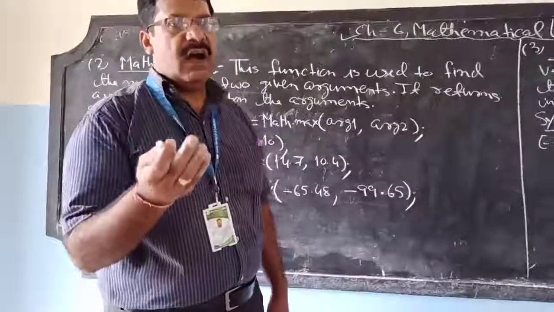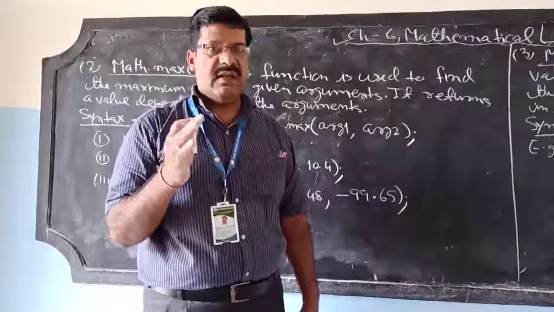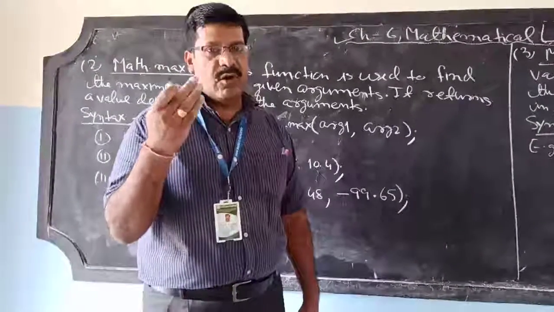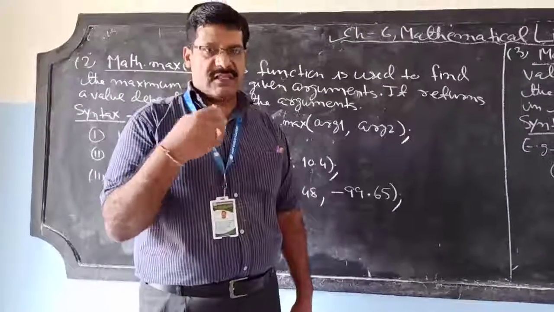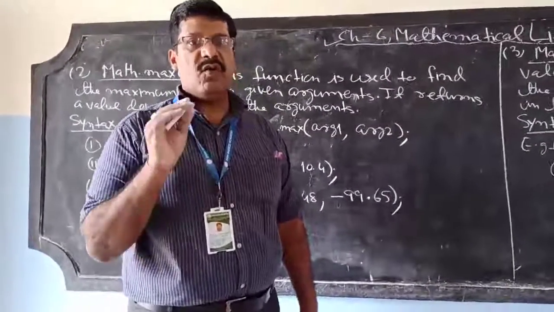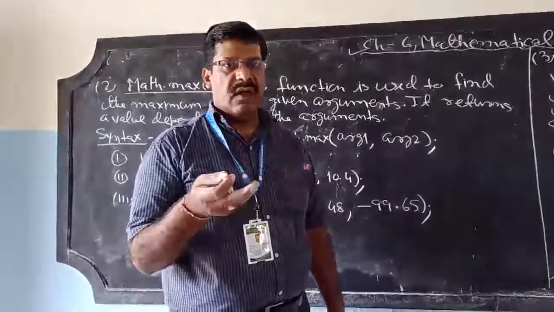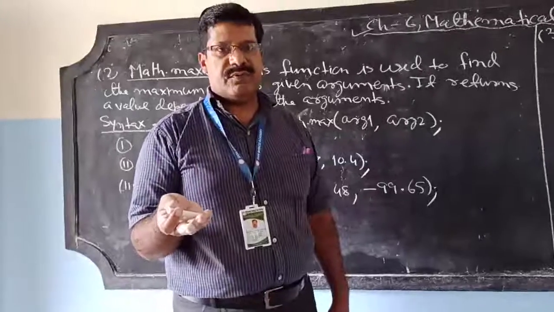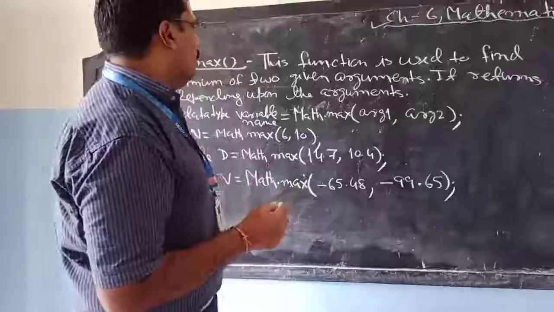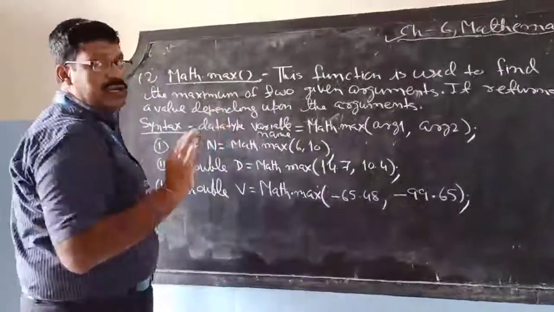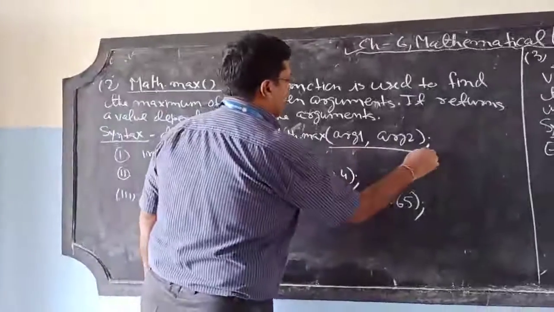If it returns an integer value without fractional part, without decimal, then the data type will be int. If it returns a decimal value, fractional number, then the data type will be float or double. If it returns long type or short type, then accordingly the data type will be there. So that's why this data type is not fixed, and it depends upon the return value.